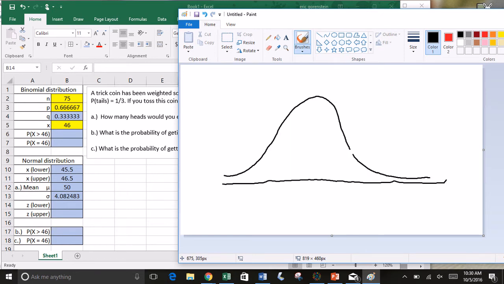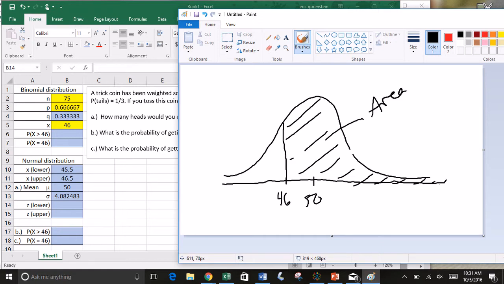The average is 50, and we're looking for the probability of more than 46. Probability is related to area, so the area to the right of 46 is going to equal the probability that x is greater than 46.